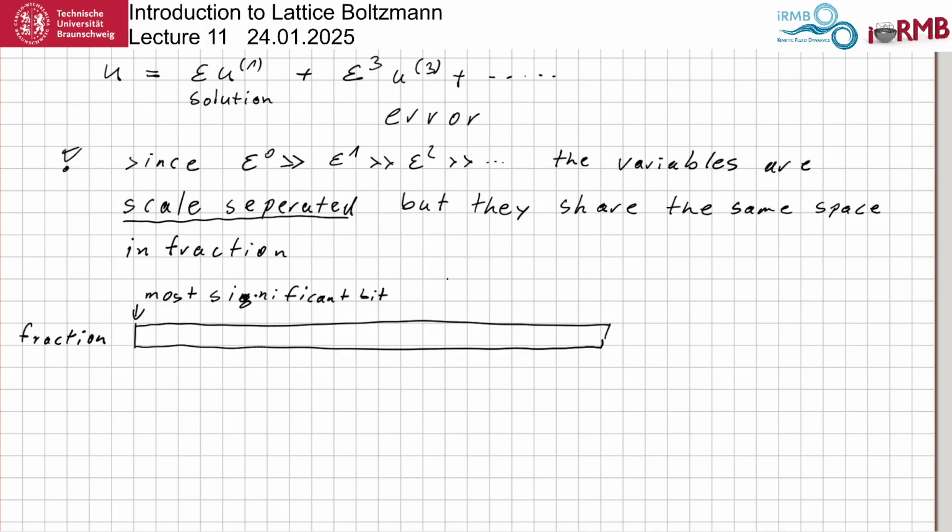So this is where the largest thing is. And back here we have the least significant bit. I assume that you have enough understanding of a computer that you've heard about most significant and least significant bit in a number.